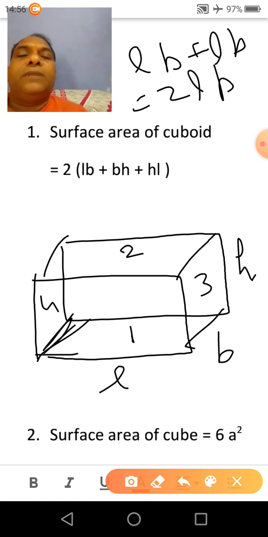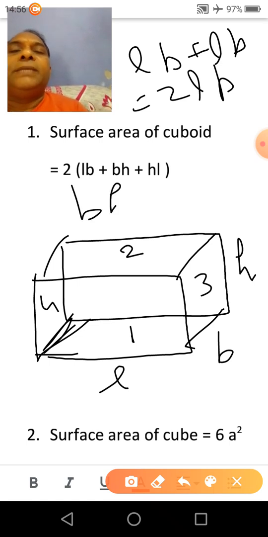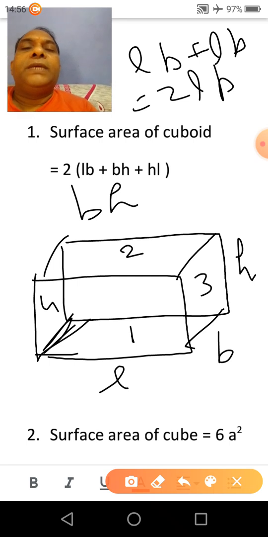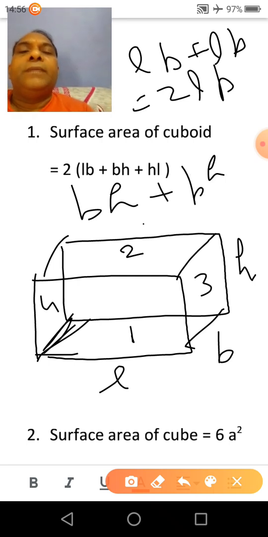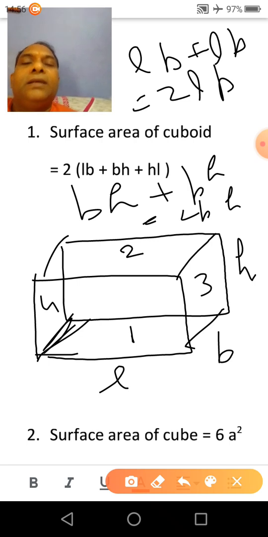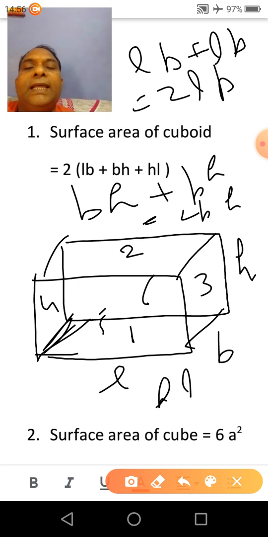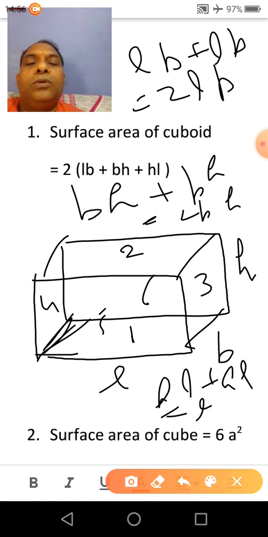Area of third face will be B into H, BH, and area of fourth face will also be BH. So it will be equal to 2BH. Clear? Similarly, area of fifth face and sixth face. So area of fifth face will be H into L, and area of sixth face will be H into L, which will be equal to 2 into HL.